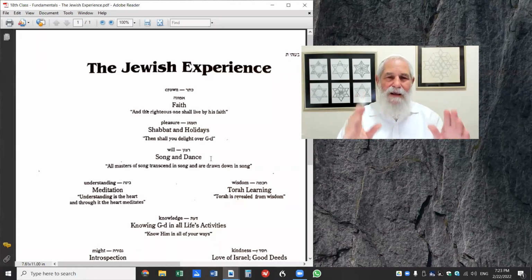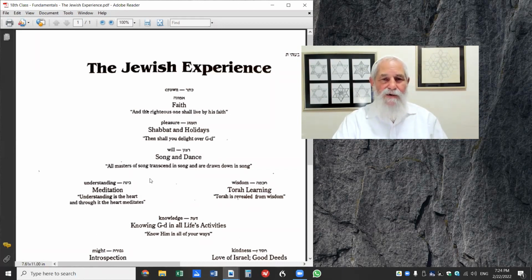And here, each person has their individual song. Not the verse, but the concept here is all masters of song transcend in song and are drawn down in song. There's a famous story of the Alter Rebbe. Perhaps in the second session, I'll have time to tell it. If someone will remind me, I'll be able to tell it.